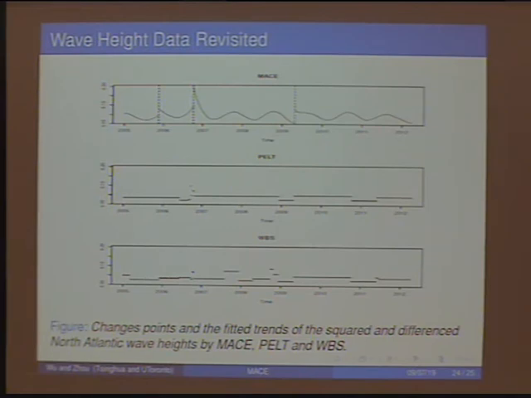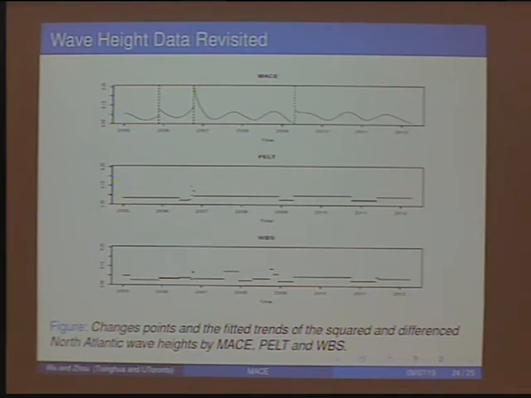However, if you use PELT and WBS to detect change points, the fitted mean function will be like this because they make piecewise constant assumptions. With those piecewise constant fitted curves, you probably cannot observe the periodic behavior of the variability of wave heights. So I think they detect more change points than necessary because of the smooth changes of wave variability. That's our opinion.